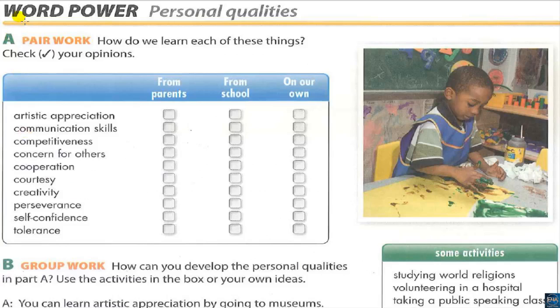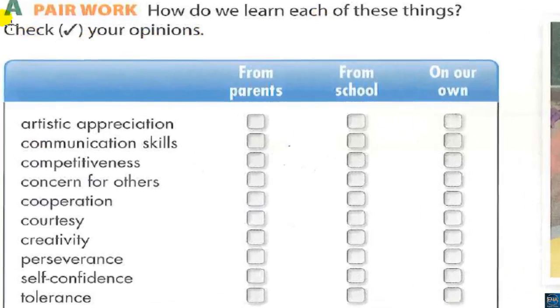Exercise number 11, word power. Personal qualities. A. Peer work. How do we learn each of these things? Check through your opinion. So here we have different things and you choose from parents, mom and dad, father and mother, from school, on your own, by yourself.